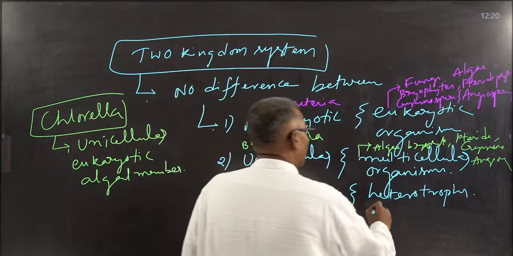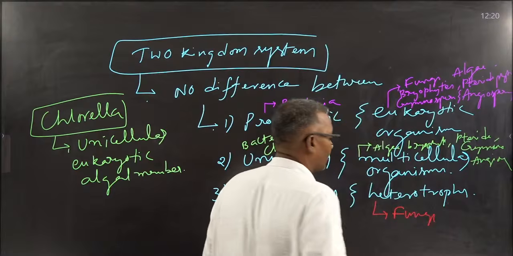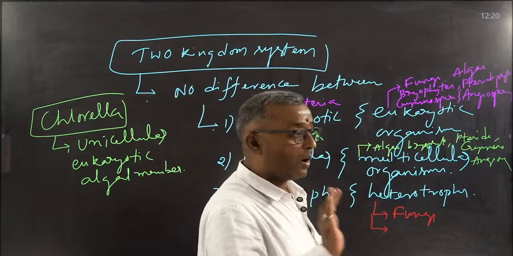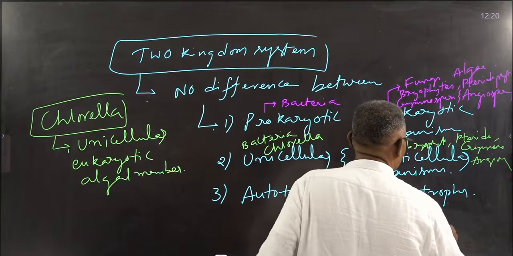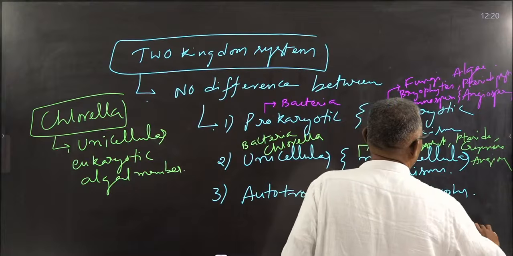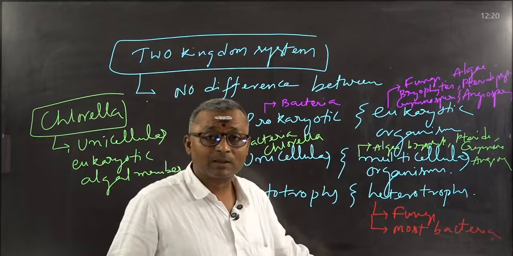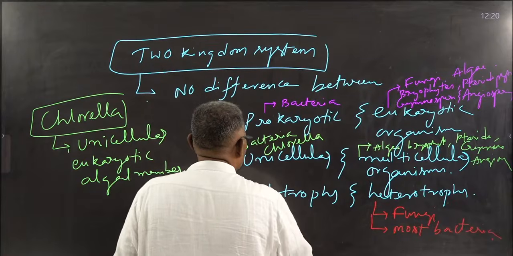And the third important thing, it is also not making any difference between autotrophic and heterotrophic. Let us take fungi. Fungi is heterotrophic. Most bacteria, not all, most bacteria are also heterotrophic. So these were placed along with autotrophic plants.